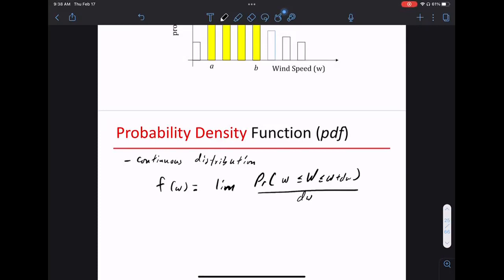I look at the probability of this wind speed between these two limits, little w and little w plus dw. Now I can squeeze this limit, basically make this dw go to 0, and compute this limit. This limit most of the time will exist, and this is called the density function.